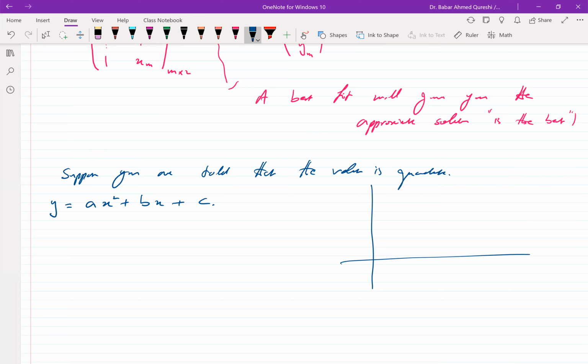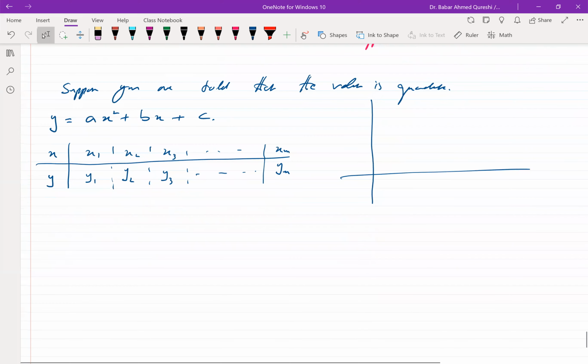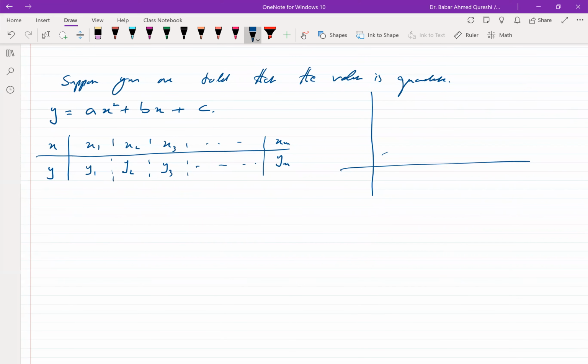And you want to find, given the data, you have measured x and y a bunch of times, and this is your data. And you want to find what kind of a quadratic graph, with what values of a, b, and c, will best fit this data.